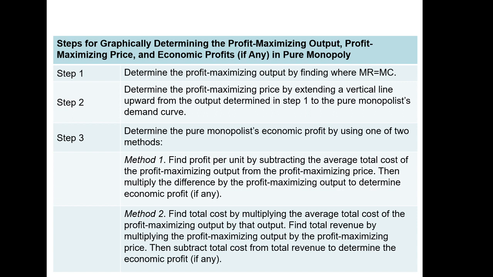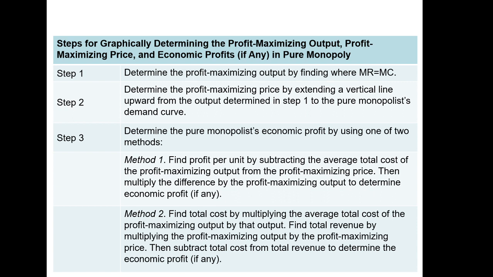They wouldn't do that. Okay, so we determine the profit maximizing price by going straight up to the demand curve. We go across, that is our price. The price is not on the demand curve. You have to go across to the axis to get the price. You add your ATC curve, and that will show you whether there is economic profit or not.